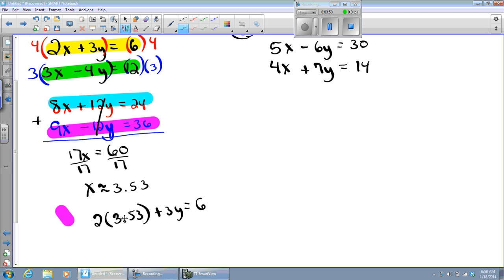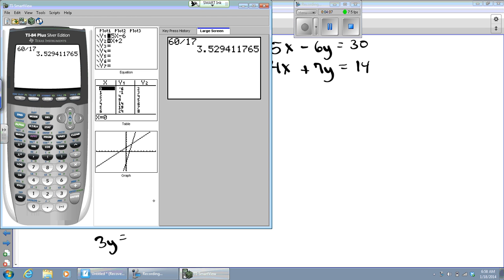Now I know I'm going to subtract this value. So when I do, I'm going to get 3y, and that's going to equal something. Well, here, watch what I'm going to do on my calculator. I'm going to press times 2. I just multiplied that big ugly decimal by 2.